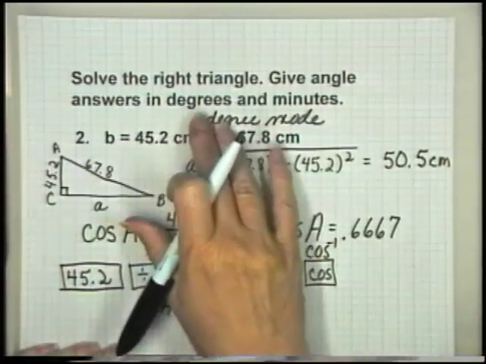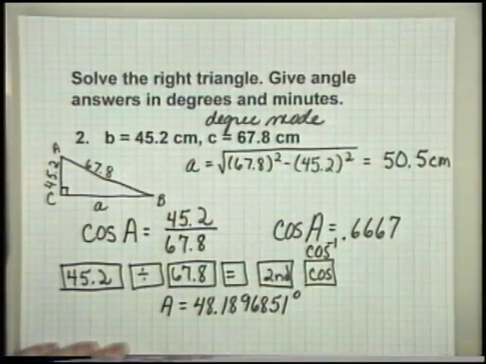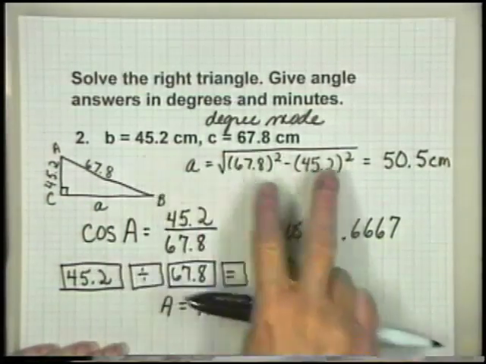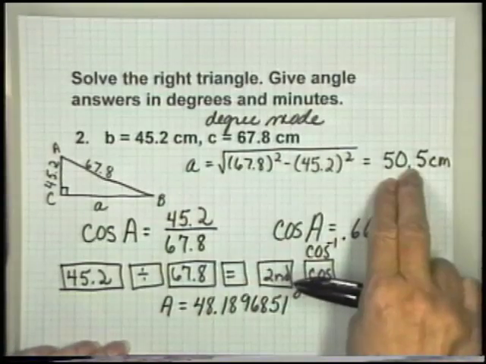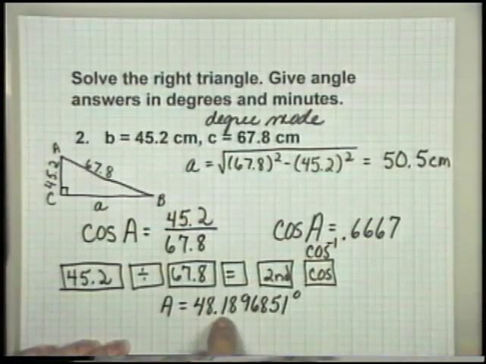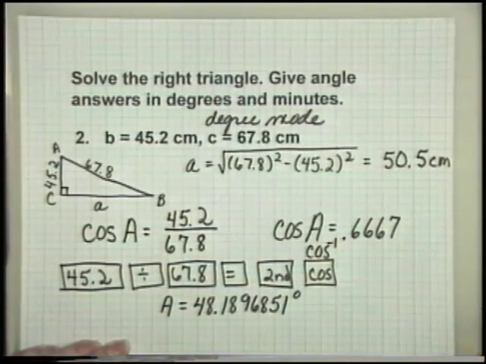Now, if it had asked me to give this angle in decimal degrees, then I would have rounded. Because my sides were given to me at 3 significant digits, I would want to round this to 3 significant digits, which would be the tens place. But that's not what it asked me to do, is it? It asked me for degrees and minutes.